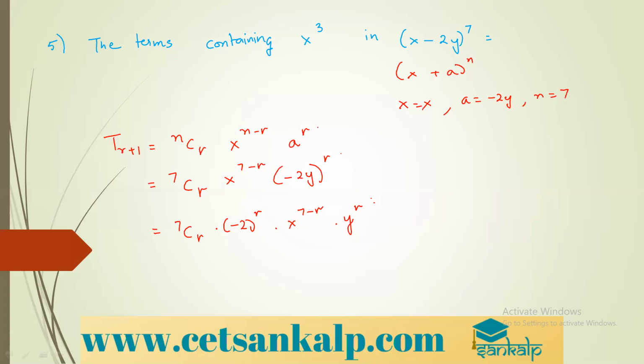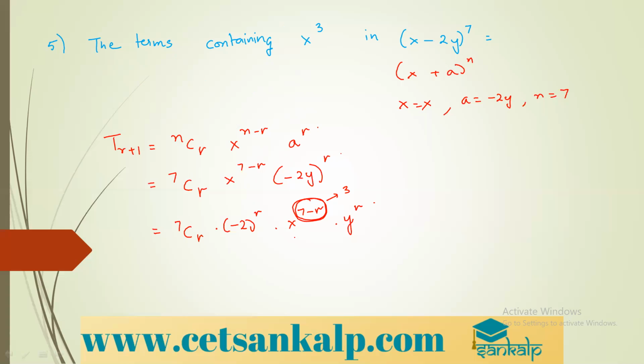Now everything lies here. Because I want the coefficient of x cube, this 7 minus r should become 3. Isn't it?